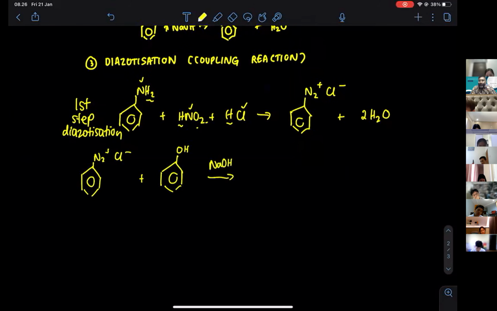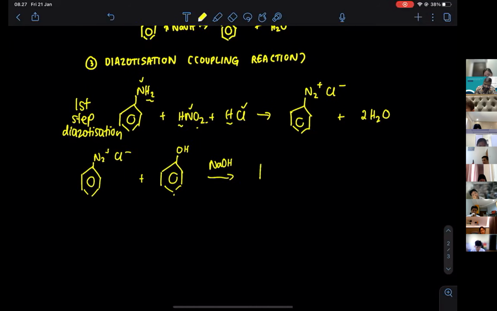Do remember, it must be alkaline condition. Phenol is supposed to be 2,4,6 directing, but because of the steric restriction, you are going to activate position number 4.